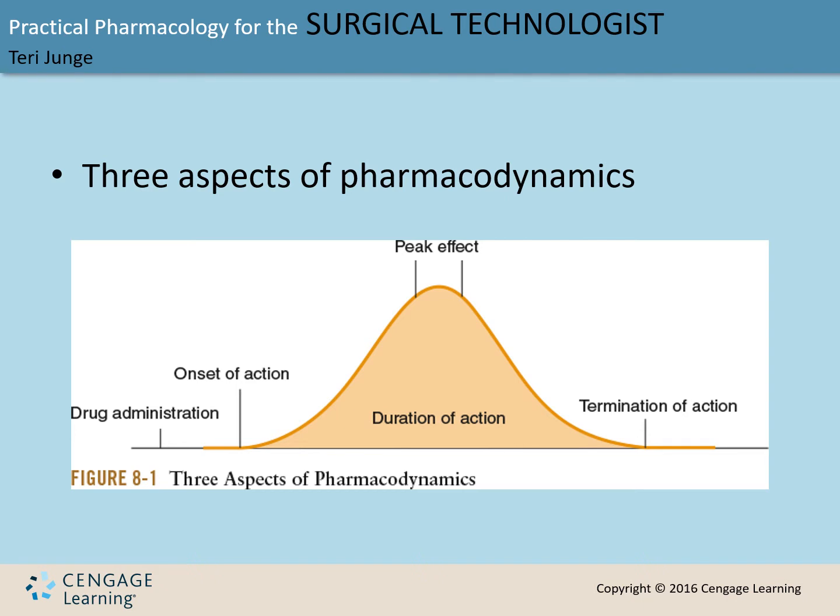So the onset of the drug is the time between giving the drug and seeing the effect of it in the body. For the purpose of describing these three aspects of pharmacodynamics, I'm going to use ibuprofen. When you take ibuprofen, the onset of action, according to PubMed, is approximately 24.2 minutes in the average person.